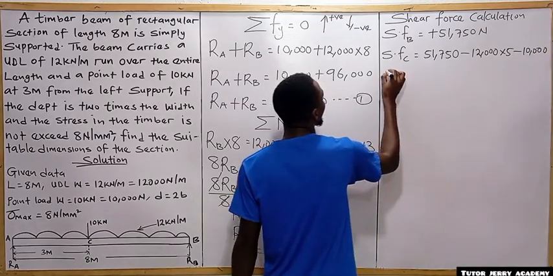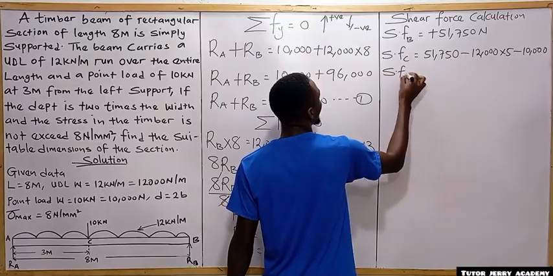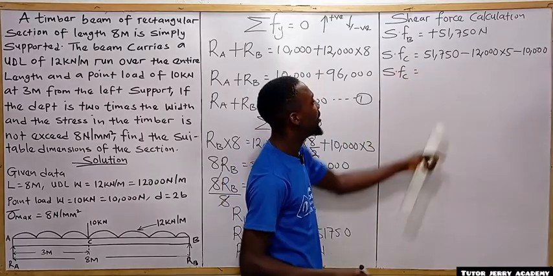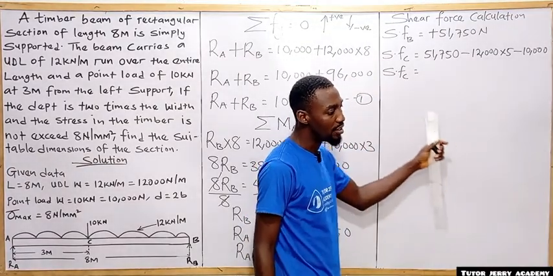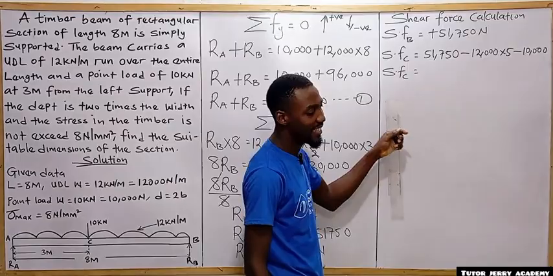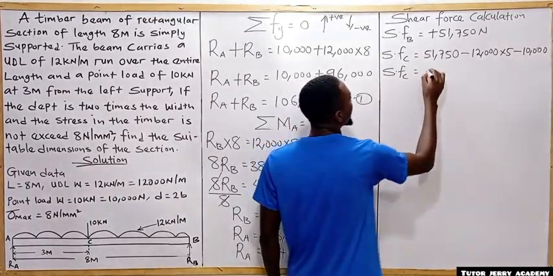If you press this on your calculator, you are going to have this to be minus 18,250.